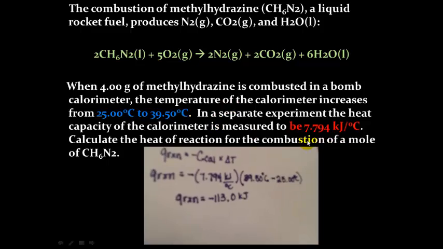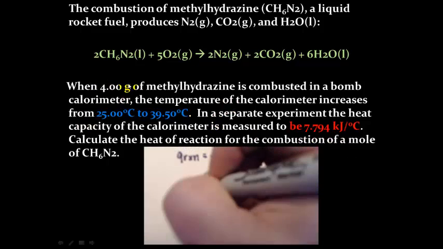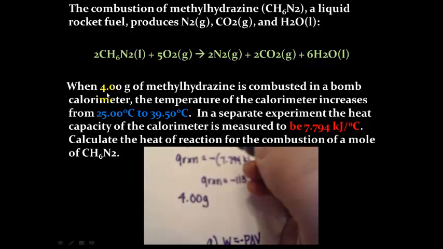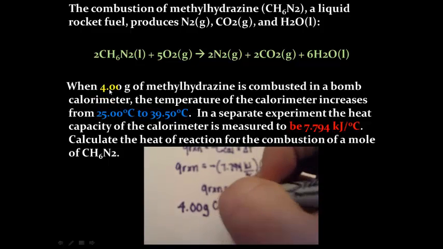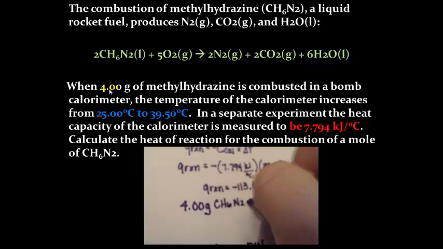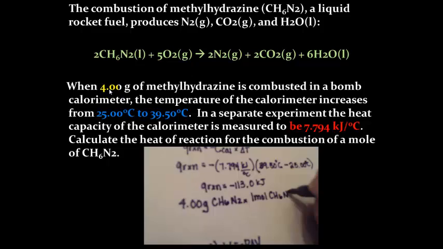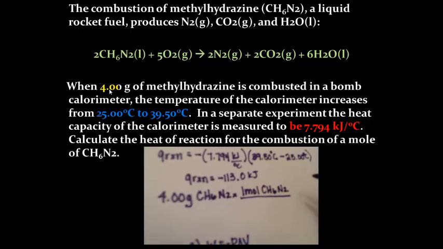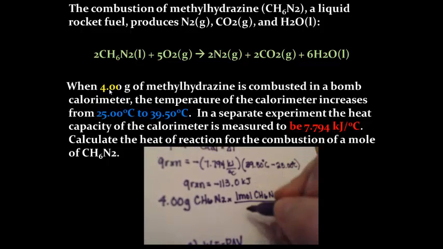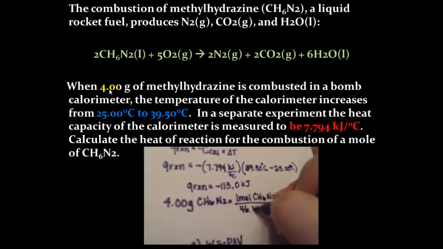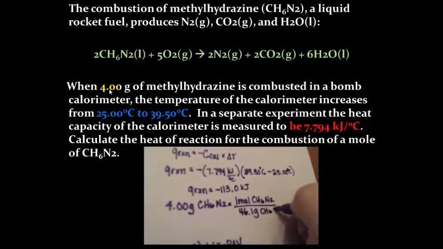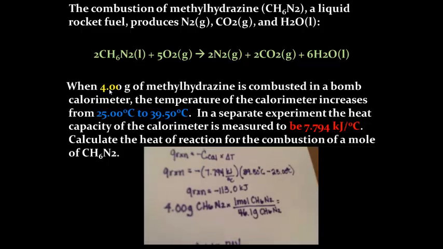Now they want this per mole, so we need to change 4 grams of methyl hydrazine into moles of methyl hydrazine. So we're going to divide by the molar mass, which is 46.1 grams.